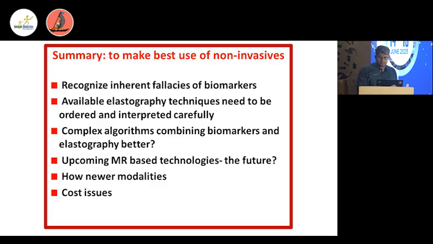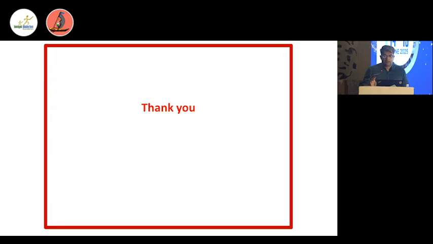So to make best use of the non-invasives, we have to recognize that biomarkers are not always accurate, there are inherent fallacies. The elastographic techniques like FibroScan need to be ordered and interpreted very carefully. We really do not know how to combine the FIB4 or the other European markers, ELF markers, with our FibroScan values and get a direct or better suited treatment pathway for the patients.